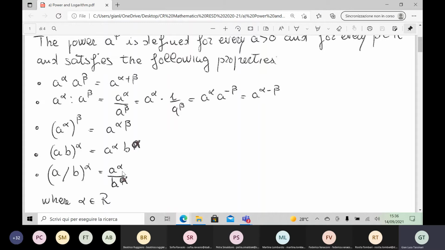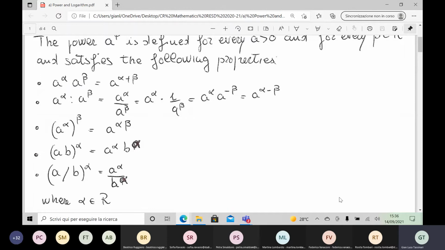So a over b raised to the power alpha, where alpha and beta belong to R. A and B must be strictly positive. Alpha and beta are real numbers. So these are properties of the powers.